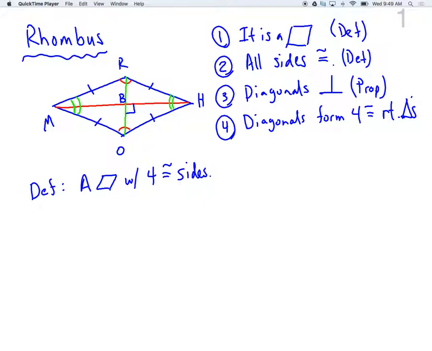Like the midpoint of RH, from there to B is the same distance as from the midpoint of RM to B. Yeah, they'd have to be because they're medians of congruent triangles. Matt? Is RB congruent to BO and MB congruent to BA? Yes, because it's a parallelogram, but not because it's a rhombus.